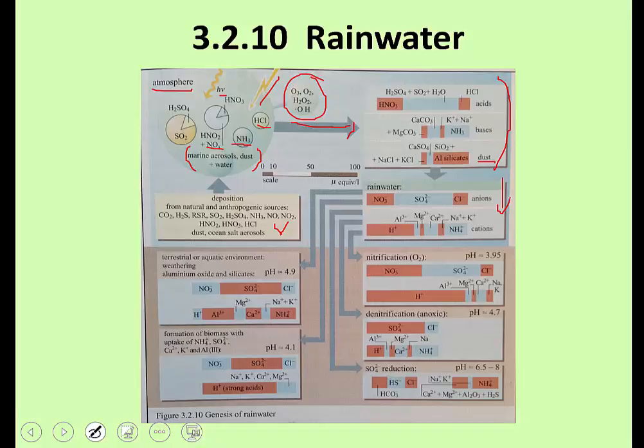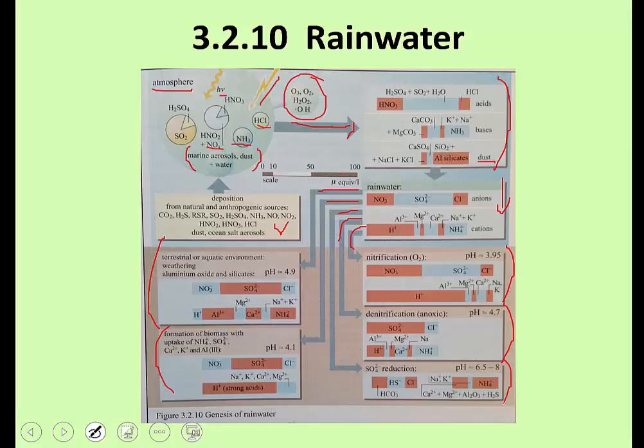And then again, you can look at these yourself, but these all get divested into various sources. So you can see that some of them enter into terrestrial or aquatic environments. Some of them get taken up by biomass, so by plants and animals. We get nitrification of some of them. We get denitrification, so oxidation and reduction going on there.